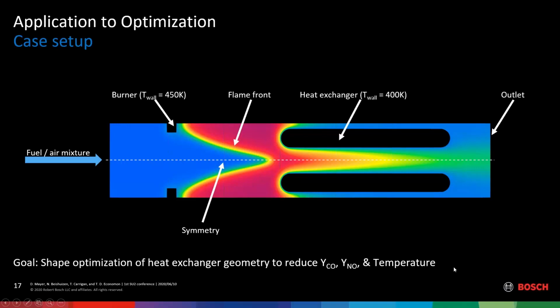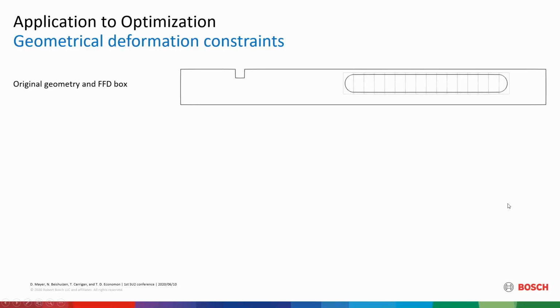Minimization of temperature is important because a lower temperature here means that we have a high thermal efficiency in the appliance. When we started to do these optimizations, we ran into the challenge that we typically get large geometry deformations.